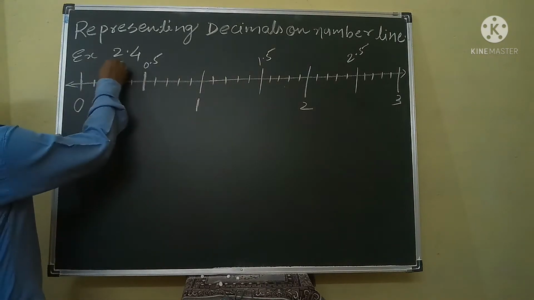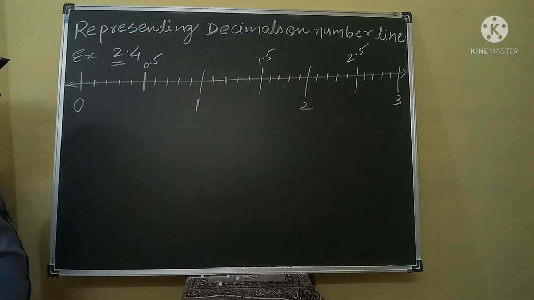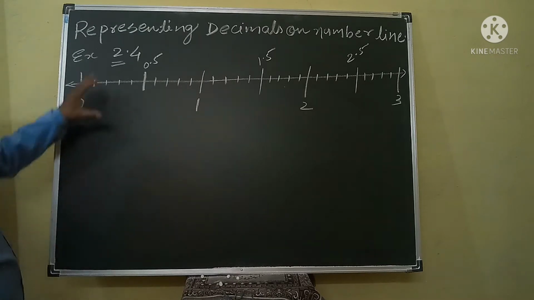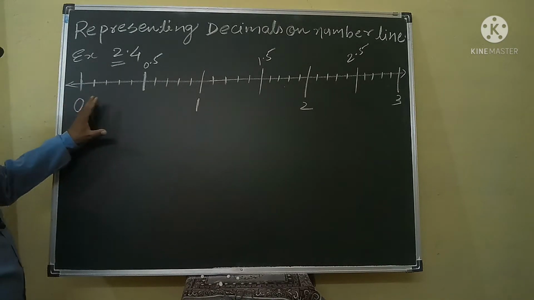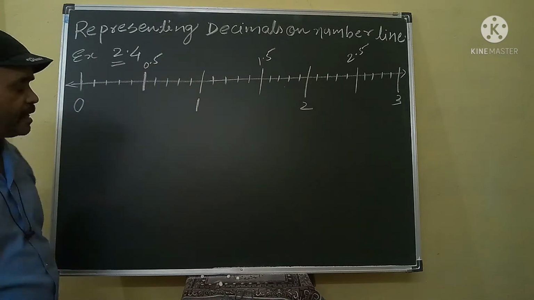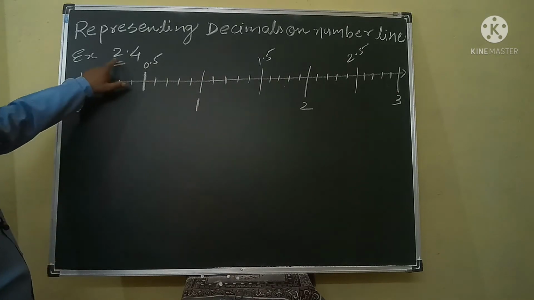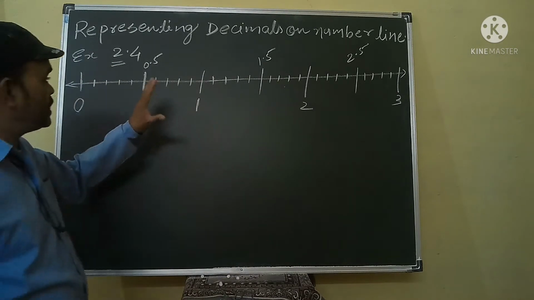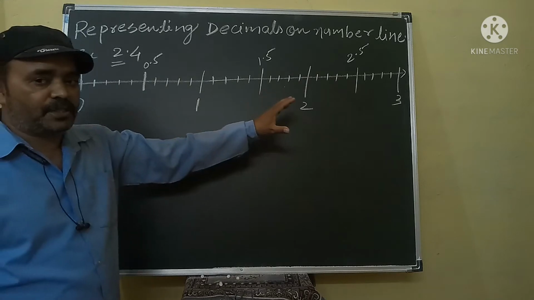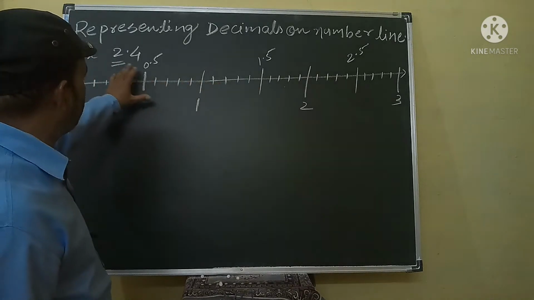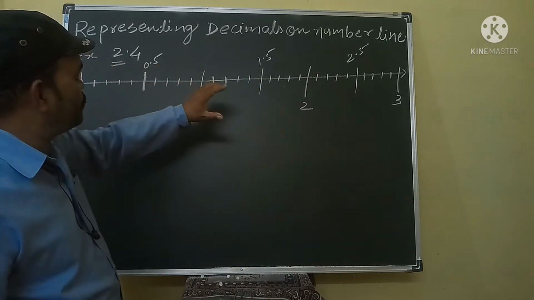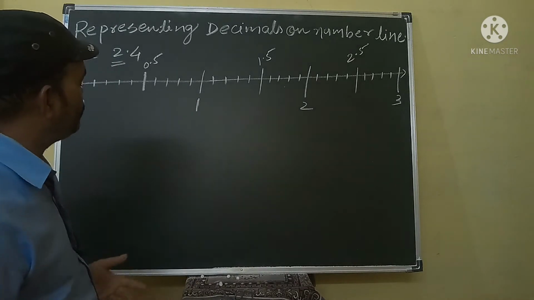Your question is, how can you represent 2.4? For 2.4, first we will make one number line. What is the position of 2.4?